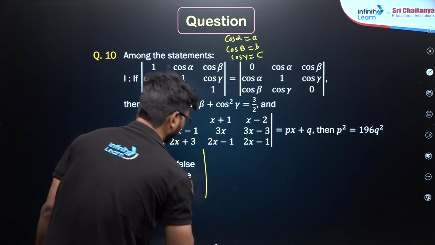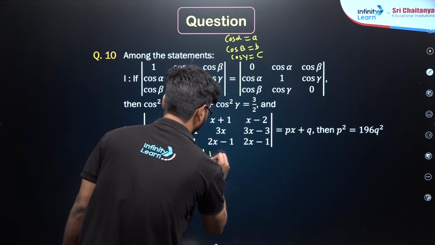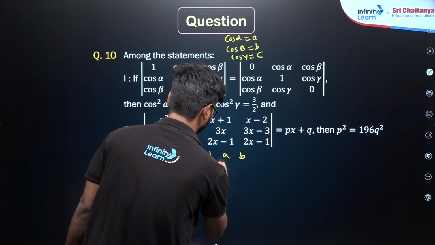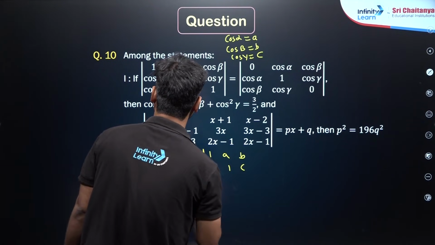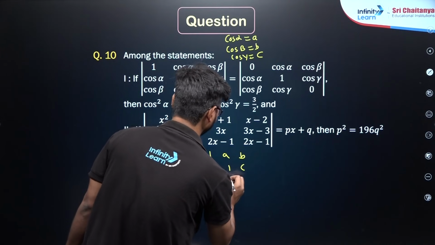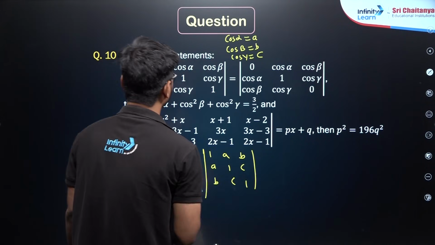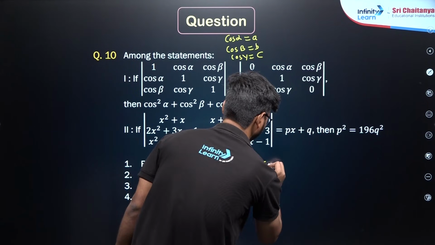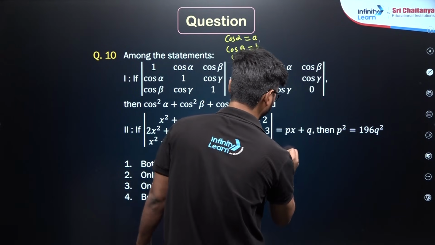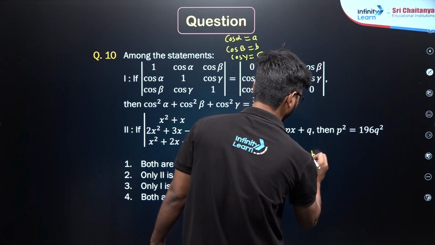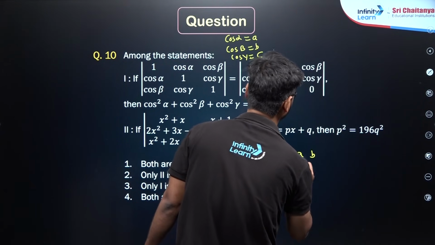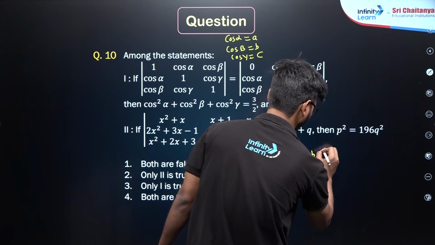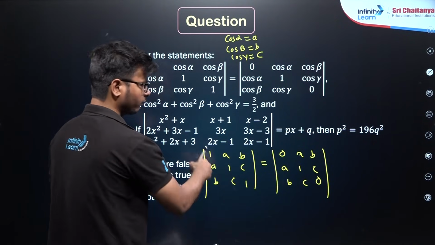So if you observe here, I am going to have the determinant with rows 1, A, B; A, 1, C; B, C, 1, correct? This is equal to the determinant with rows 0, A, B; A, 1, C; B, C, 0. Okay, now we have to solve the determinant.